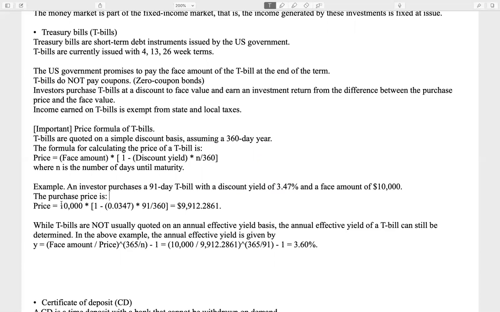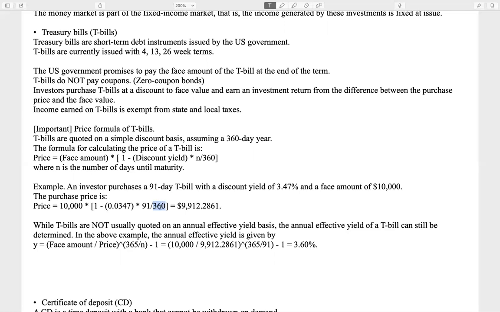Face value, obviously $10,000, times 1 minus the discount yield, 3.47%, in decimals, times the maturity converted into years: 91 divided by 360.